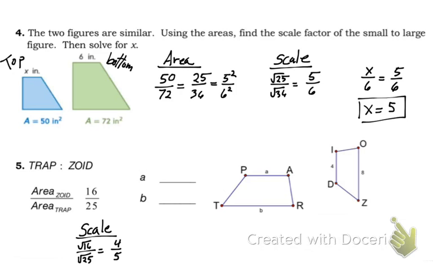I'm not going to have time to quite finish this. Zoid is my top and trap is my bottom. Since we know our scale factor, you're going to have to do this off to the side, but this is how you get your answer for A.